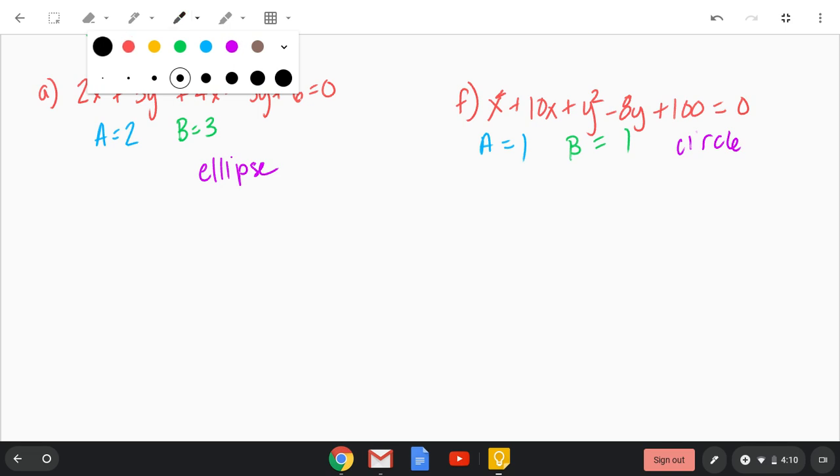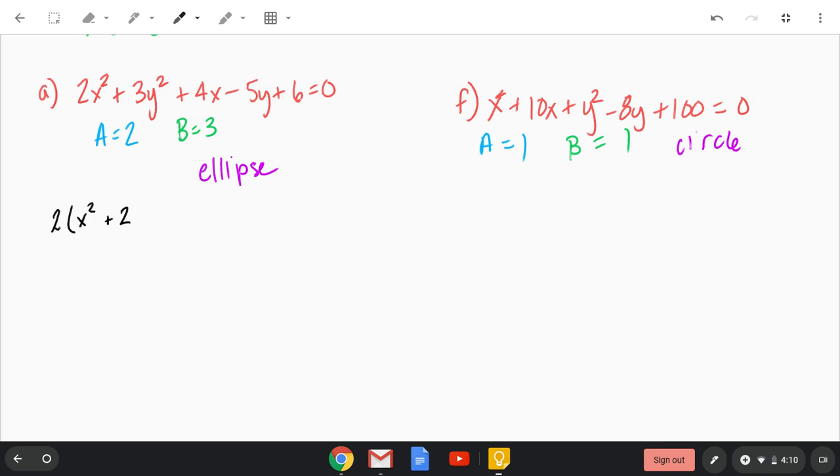Okay, so we're going to start to get it into graphing form. For our ellipse, we're going to have our 2 factored out of our x squared term and our 4x, and then 3 factored out of our y squared term and our 5y, and then the negative 6 on the other side. Split your middle term.